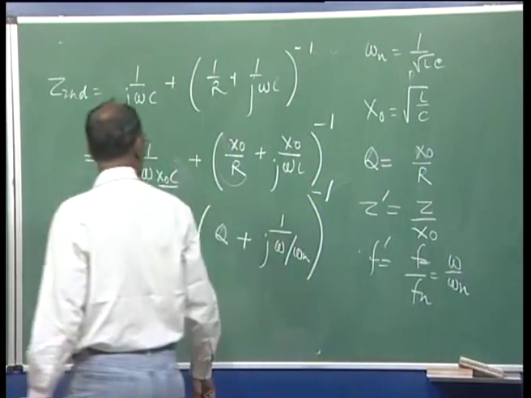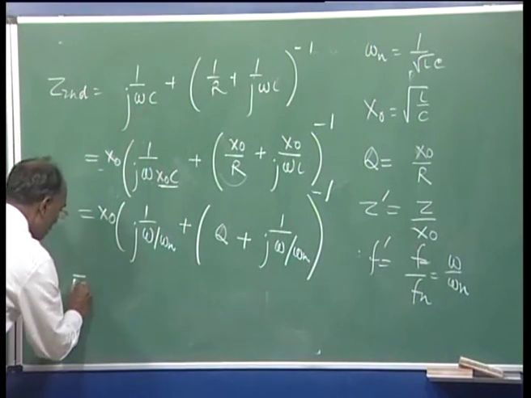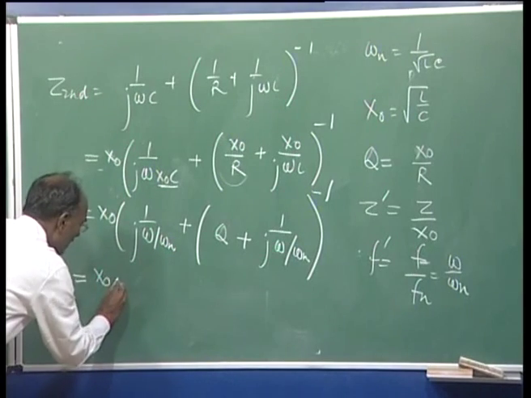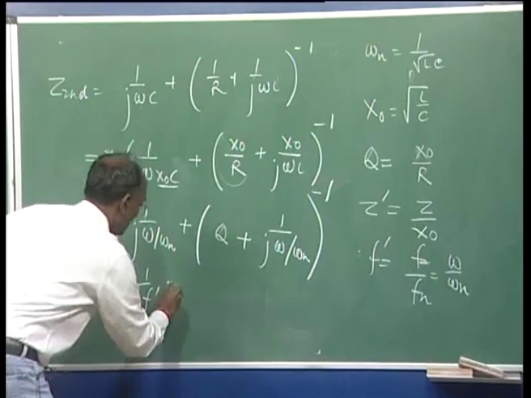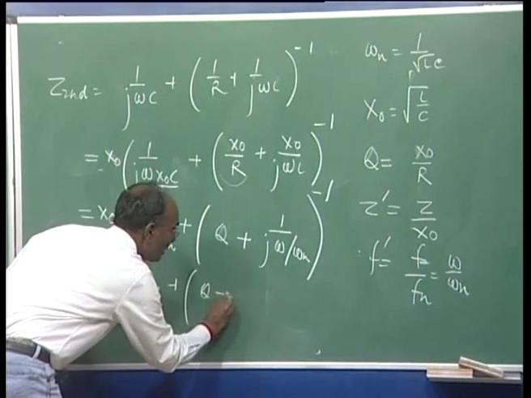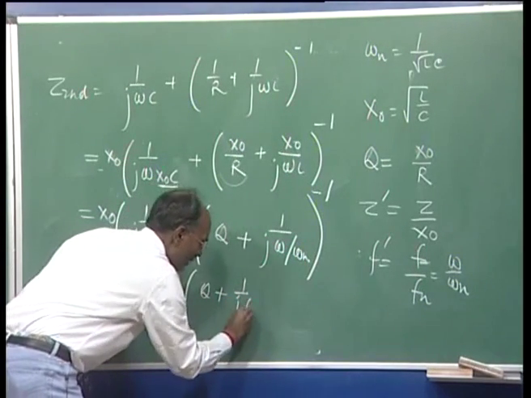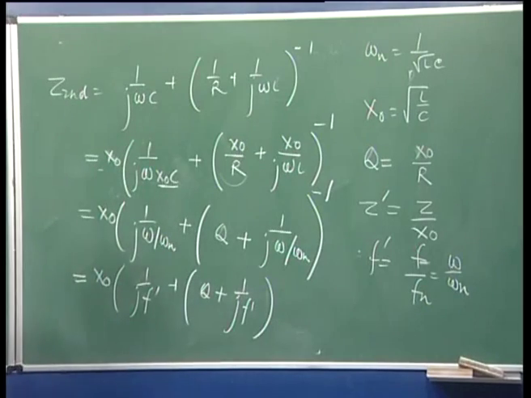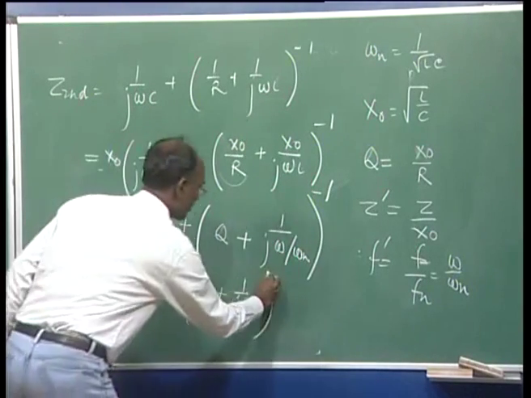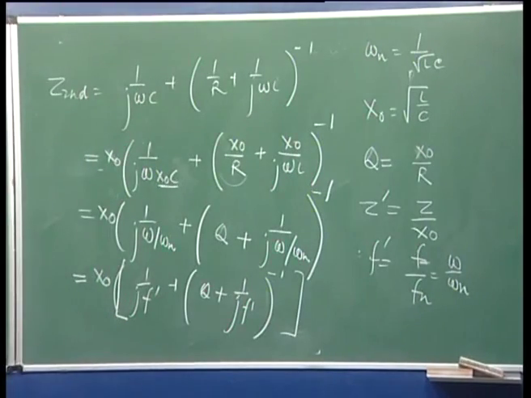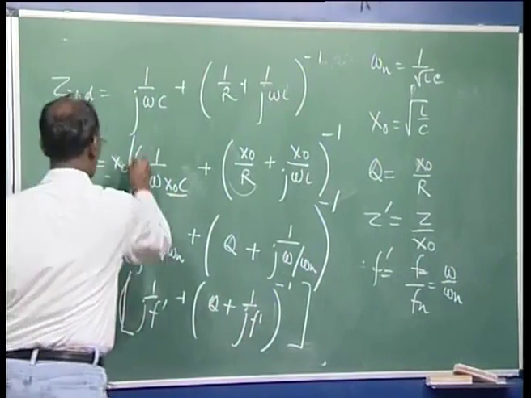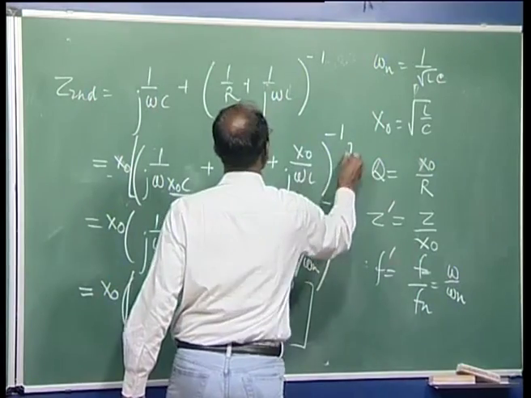And this we are going to have, this is X naught 1 over j f prime as per our definition here, plus here Q plus here j f prime, that is the inverse. So, basically this is a complete bracket.